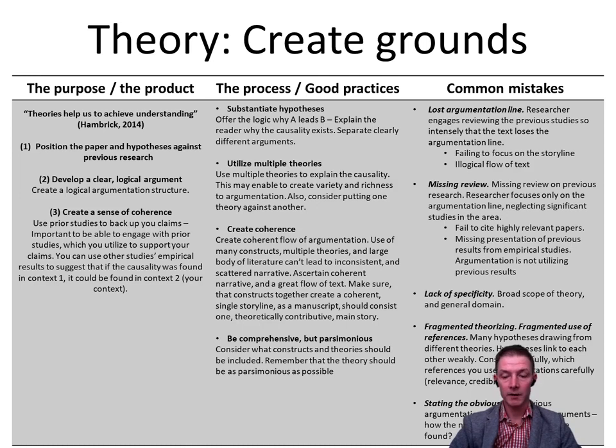You are presenting many different references and many different theories or concepts, but you are not crafting a clear argumentation line. And this is one of the biggest issues in what separates good writing from bad. So coherence, a coherent logical argumentation line.